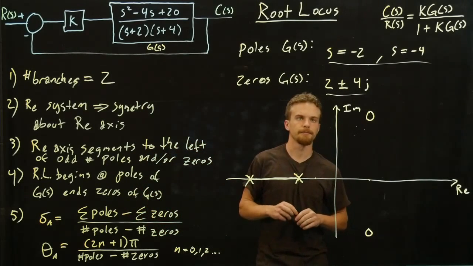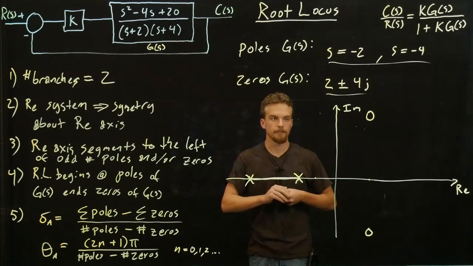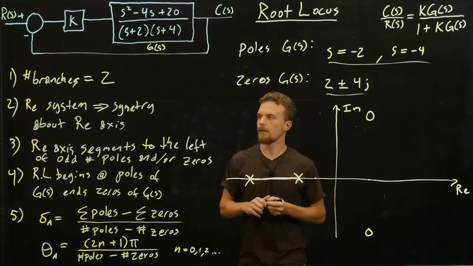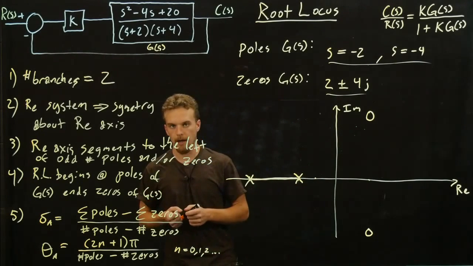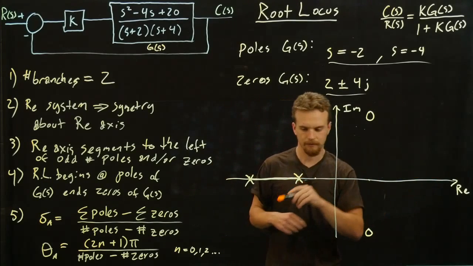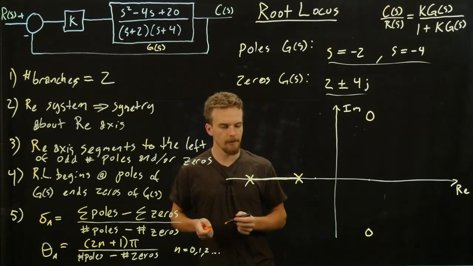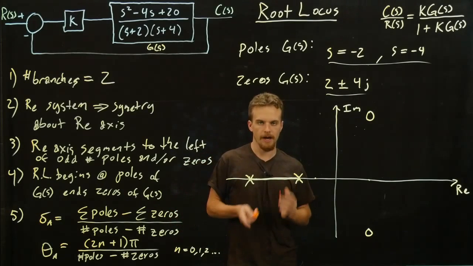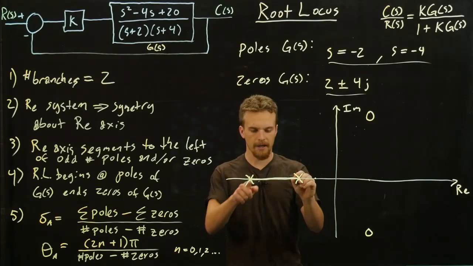Okay, so let's see if we can sketch the root locus here. We know that there's going to be 2 separate branches. We know that the behavior has to be symmetrical about this axis. We know that this little segment here is part of the root locus, and we know that the root locus is going to start from here when k equals 0.